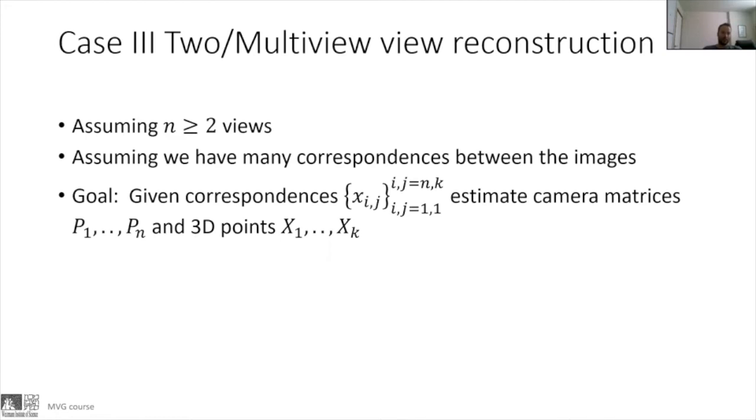The goal, given these correspondences, is to estimate the camera matrices P1 up to Pn and the 3D points X1 up to Xk.